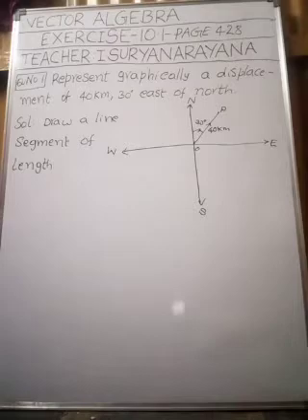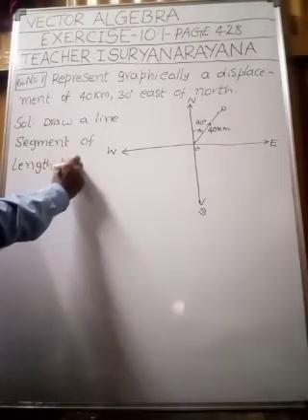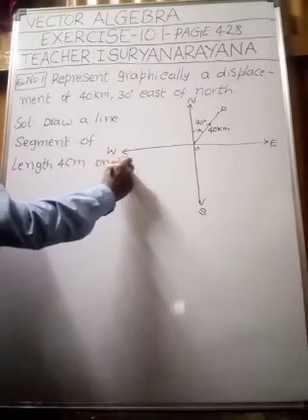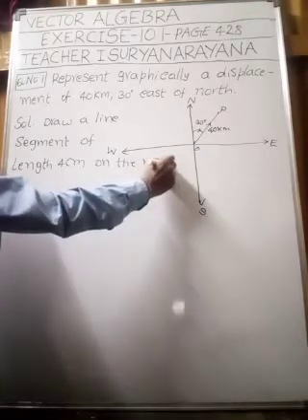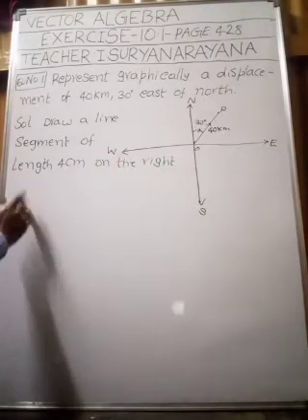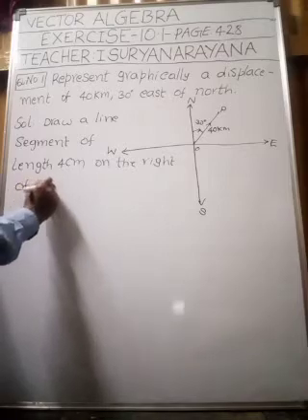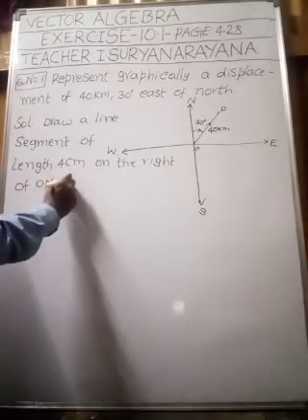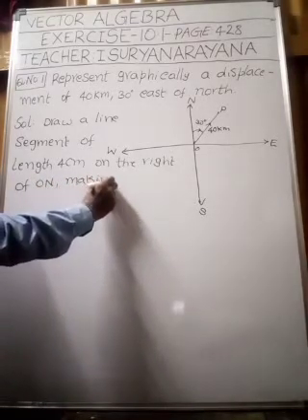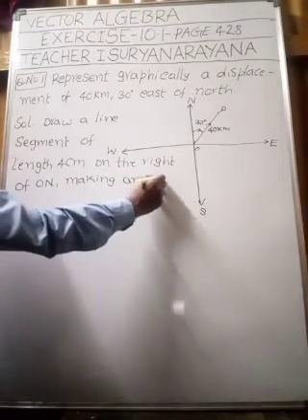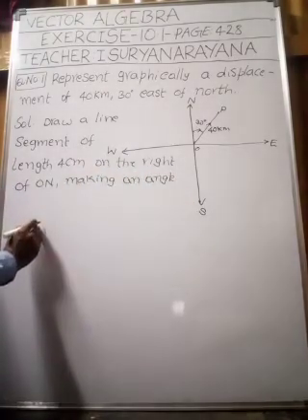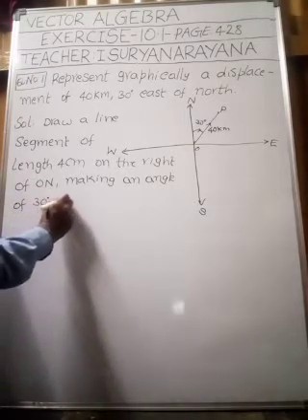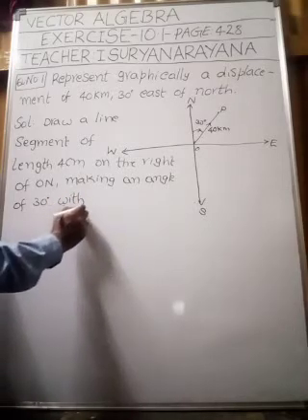Draw a line segment of length 4 centimeters on the right side of ON, making an angle of 30 degrees with ON.